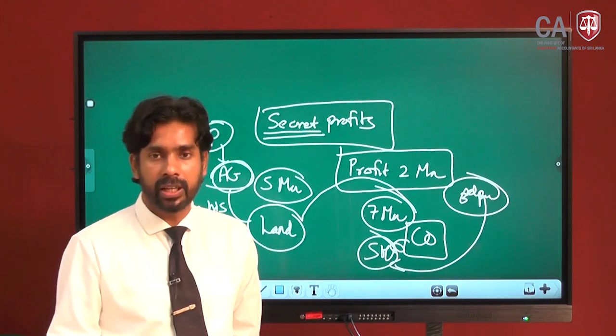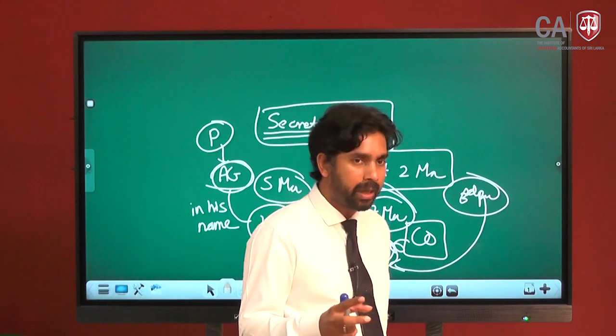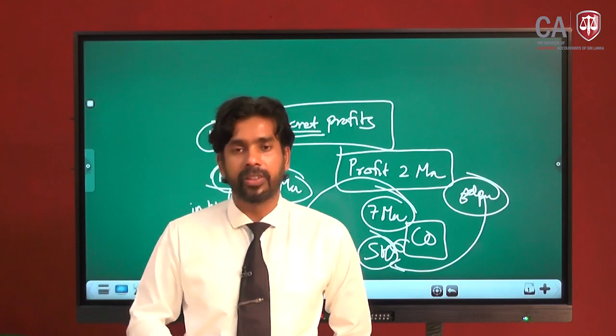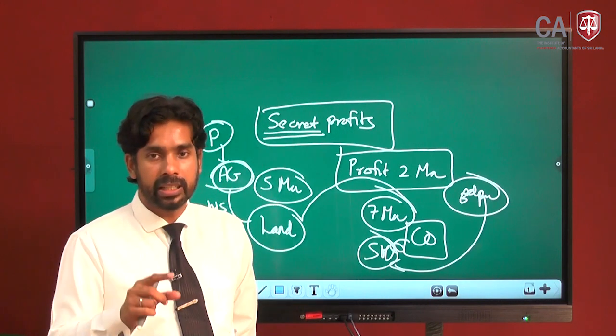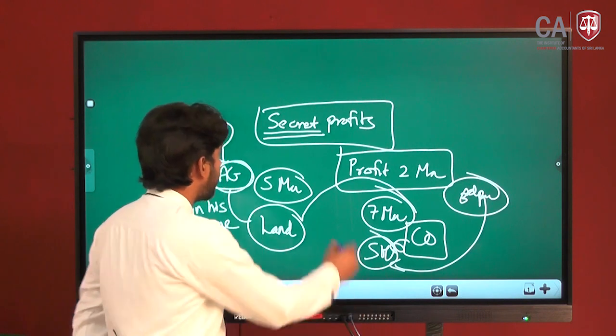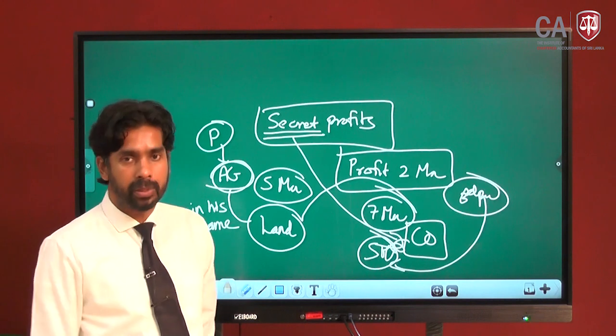Because he cannot generate a secret profit, that profit must be kept as an implied trust on behalf of the company. He cannot utilize this, it doesn't belong to him because it's a secret profit. So you have to return this to the company.